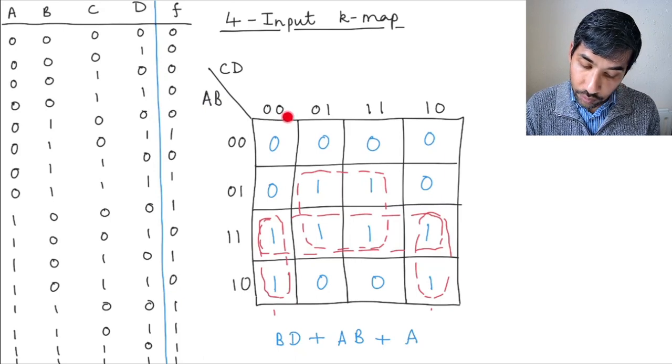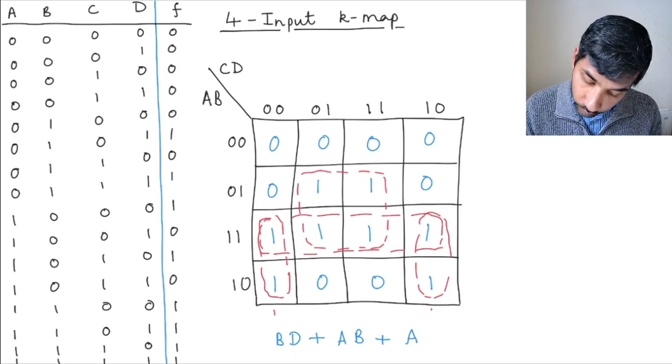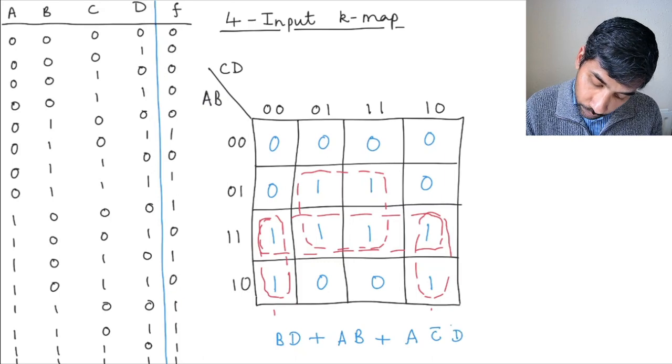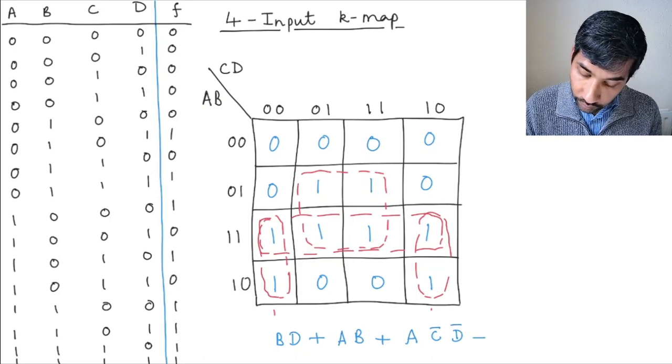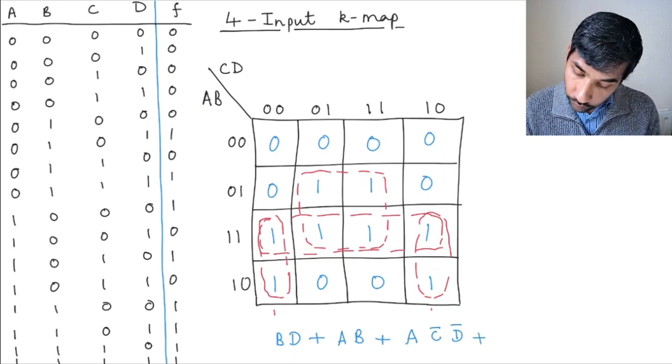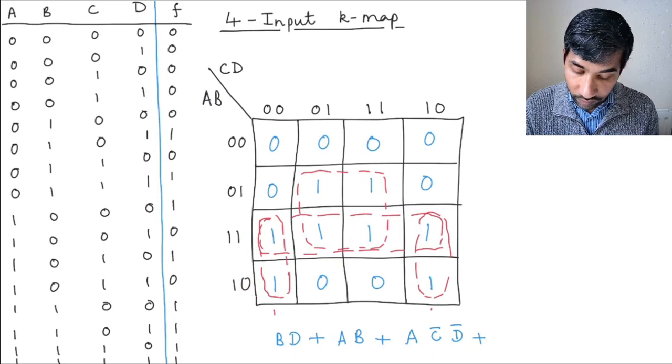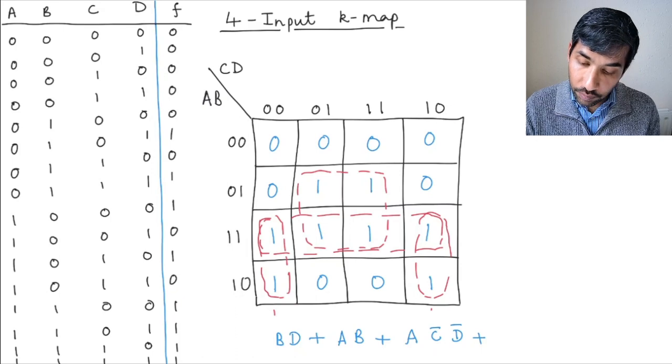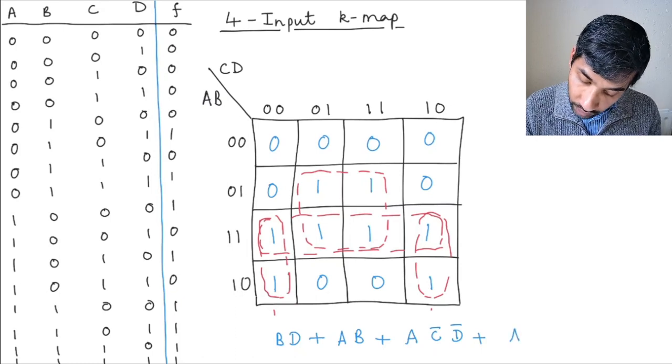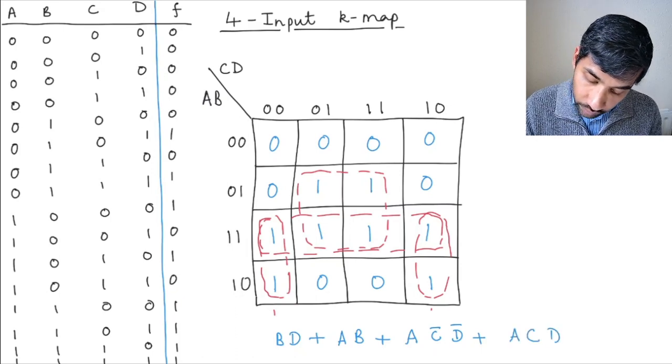So we write C bar, D bar. And then you write plus. We want to write the term for this. Again, B is going to disappear from this term because B is taking both 1 and 0. So you have A and C D bar. So you have A, C, D bar.